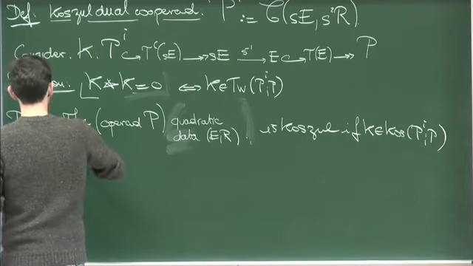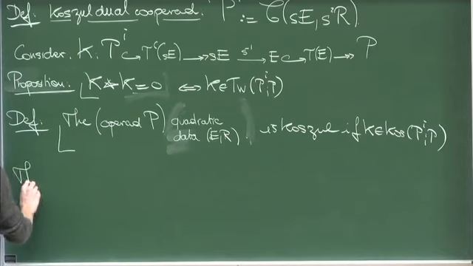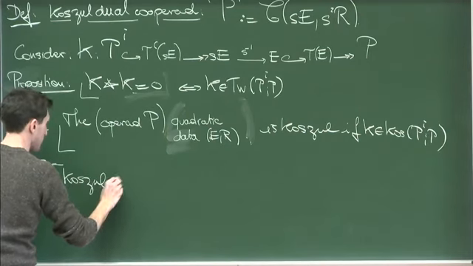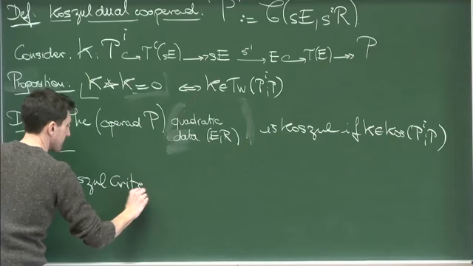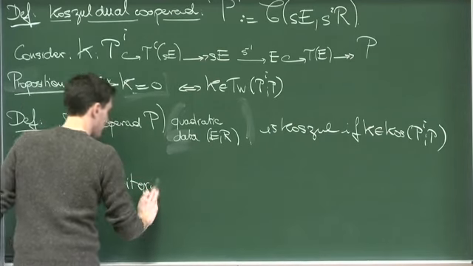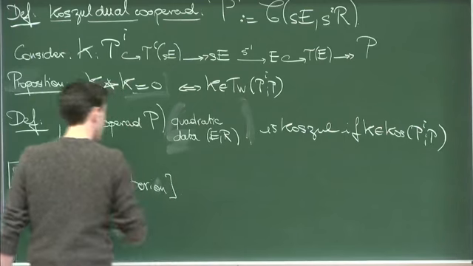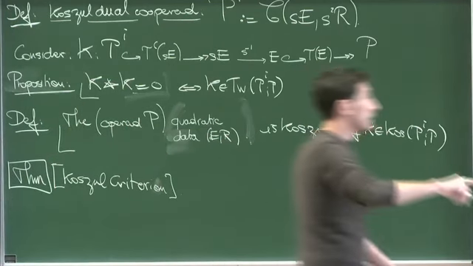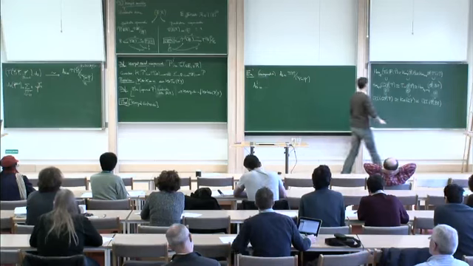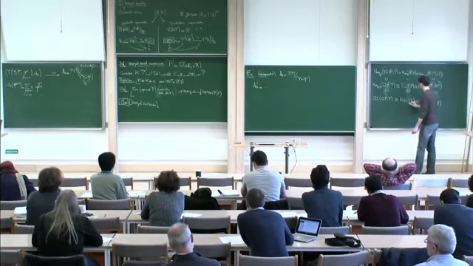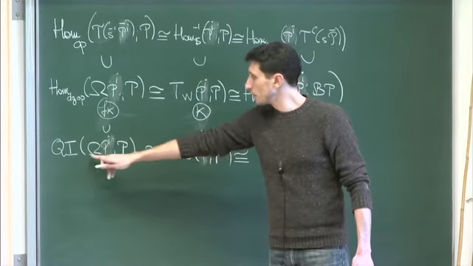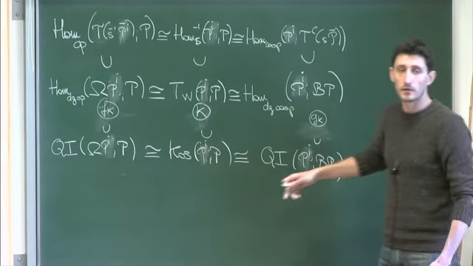And of course the main theorem, the Koszul criterion, is this last line that you have here. That is, kappa is a Koszul morphism if and only if the induced map here is a quasi-iso, so you have a resolution.